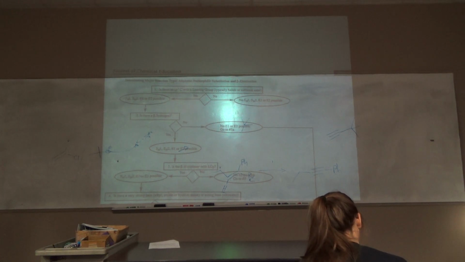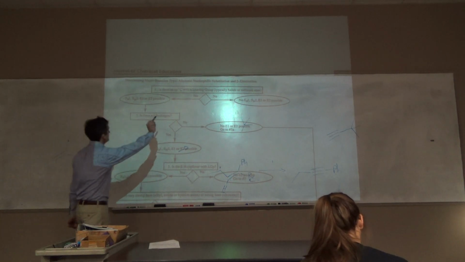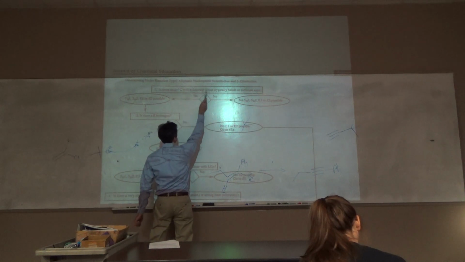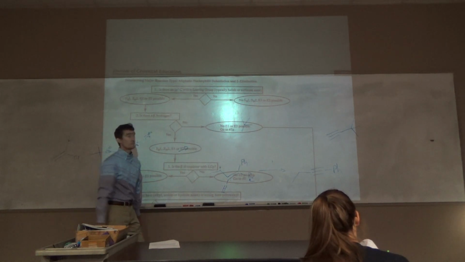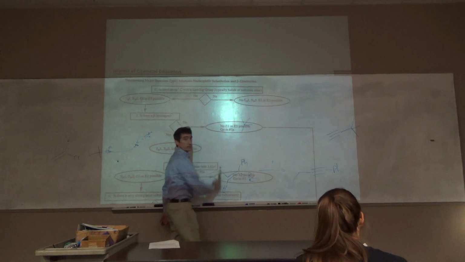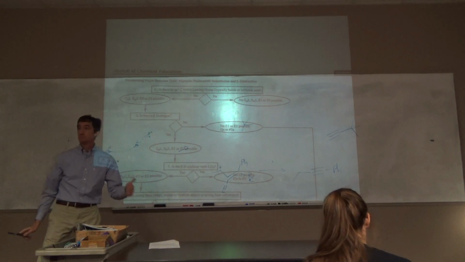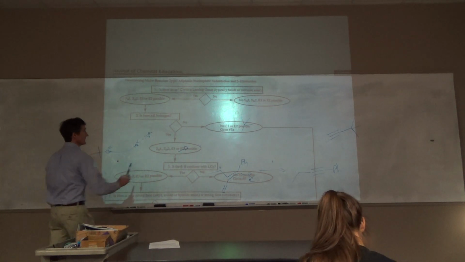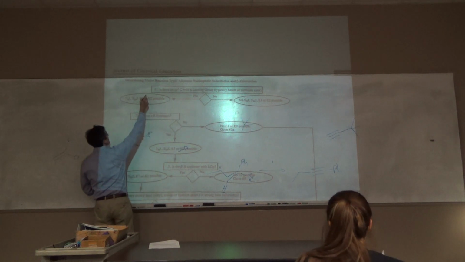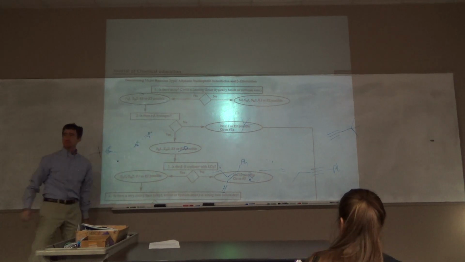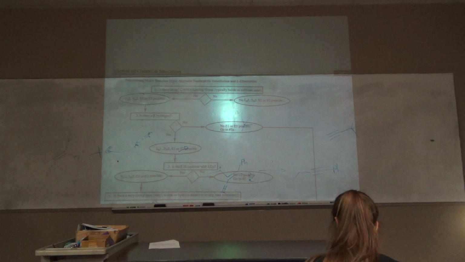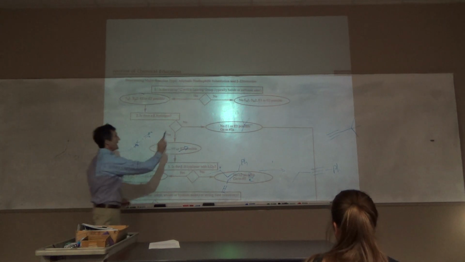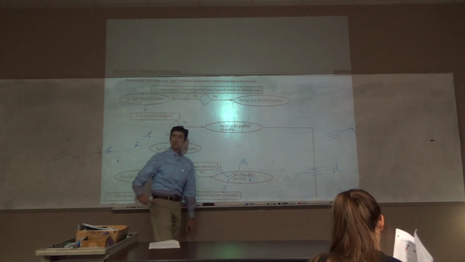Substitution, elimination. First question. Is there a tetrahedral carbon with a leaving group, such as a halide or a tosylate? If there is, yes, then you can do any of these mechanisms: SN1, SN2, E1, E2. If there's not, game over.